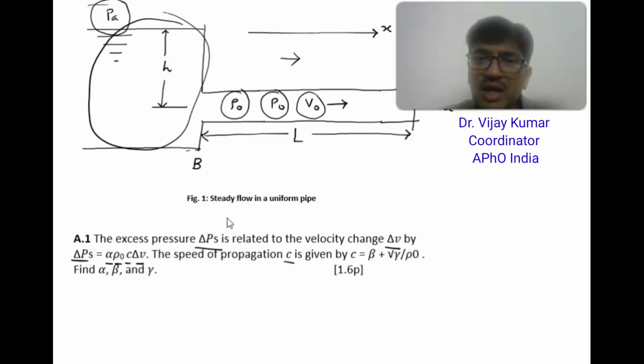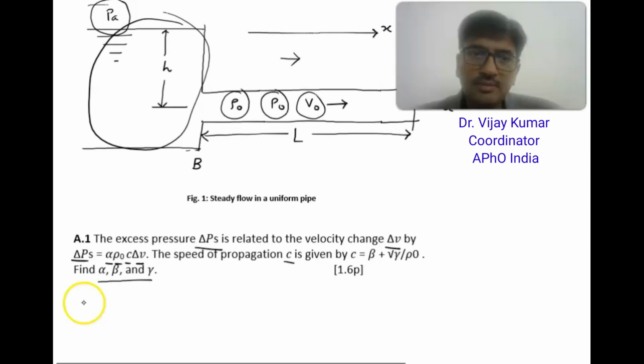Find alpha, beta and gamma. This is the first question of part A, and the marks of this part is 1.6. Now we will discuss the solution.